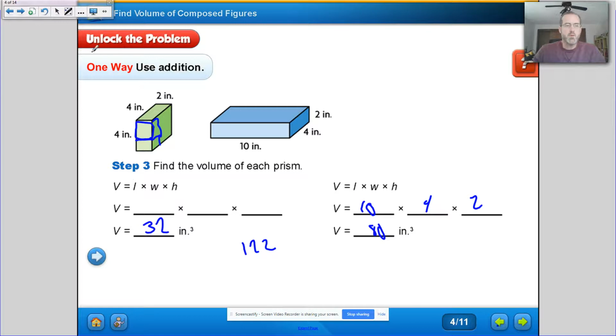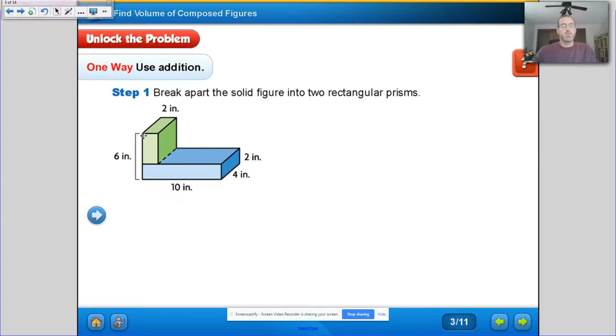So you would have to do 6 by 2 by 4 to find this, and then this would be 8 by 2 by 4. If you're going to change which piece you see, you just have to change the measurements. That's all.